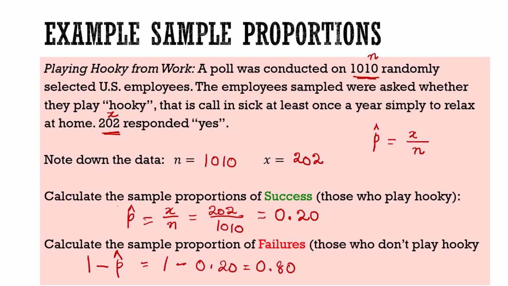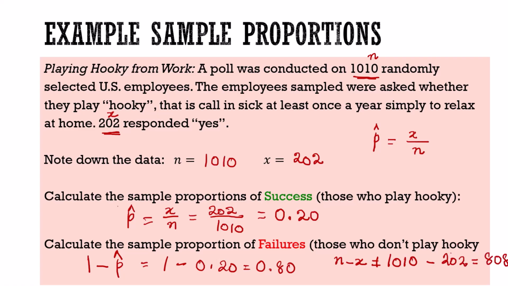All right, so that would be 1 minus 0.20, which is going to be 0.80. Alternatively, if you haven't calculated the proportion, in those situations, you have to find n minus x to find the number that responded with a no. So that would be 1010 minus 202. All right, just a second here. Let me see. 202 would give us 808.